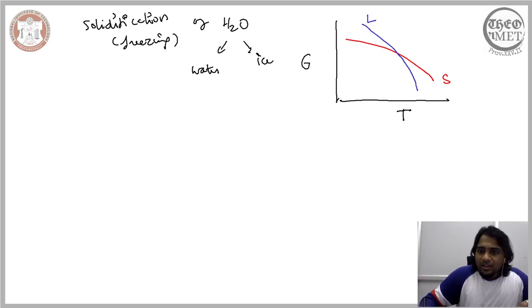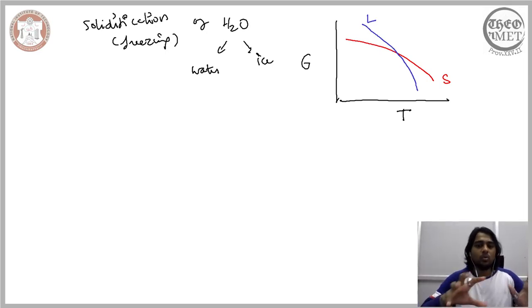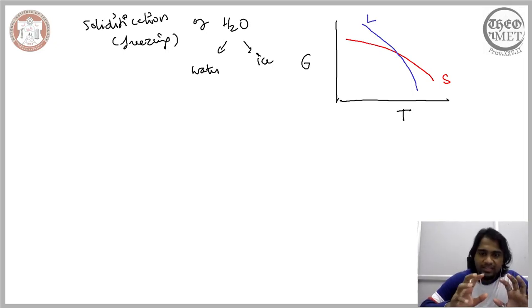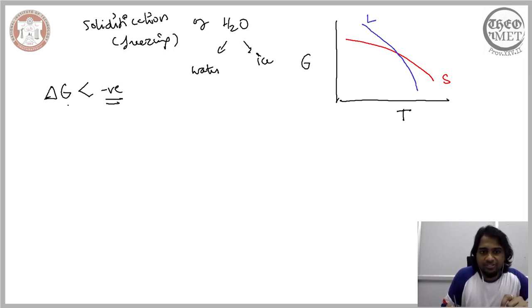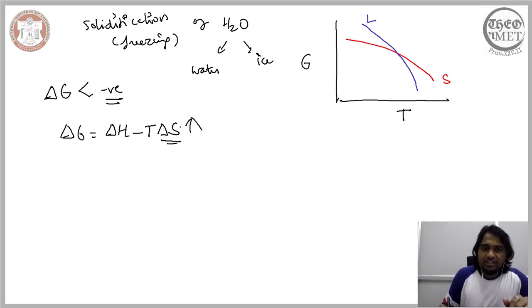Now, while introducing the Gibbs free energy, we saw that for a spontaneous change, the change in the Gibbs free energy, delta G, should be negative, because delta G in its canonical form is expressed in this way, and here we have a constant increase in the entropy.